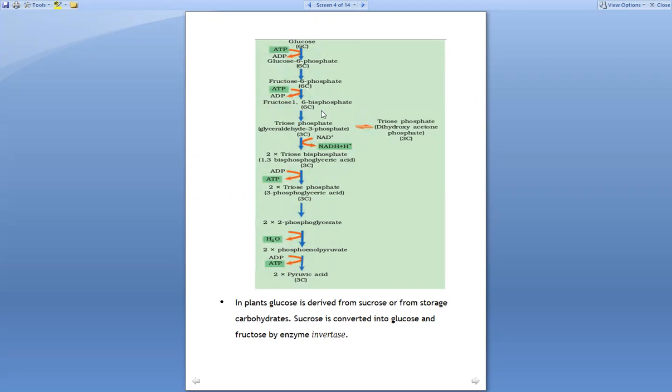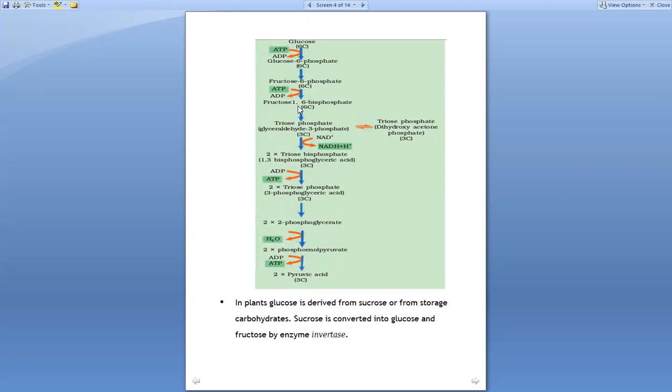So this conversion says that initially in fructose 6-phosphate only one phosphate was there, on the 6th position. But after utilizing ATP energy, another phosphate is added on the first position.